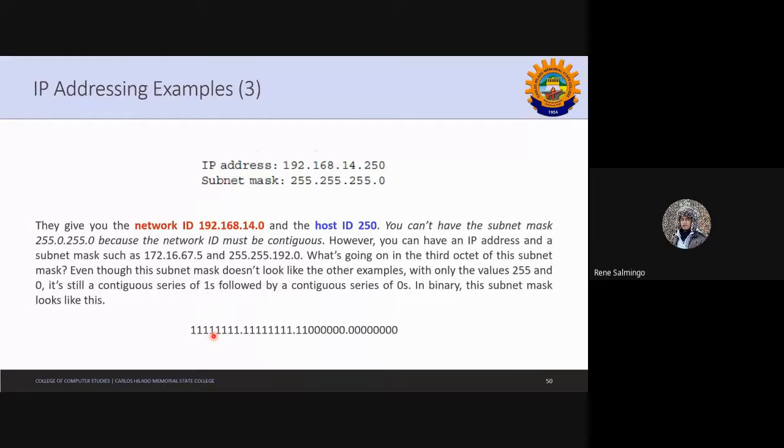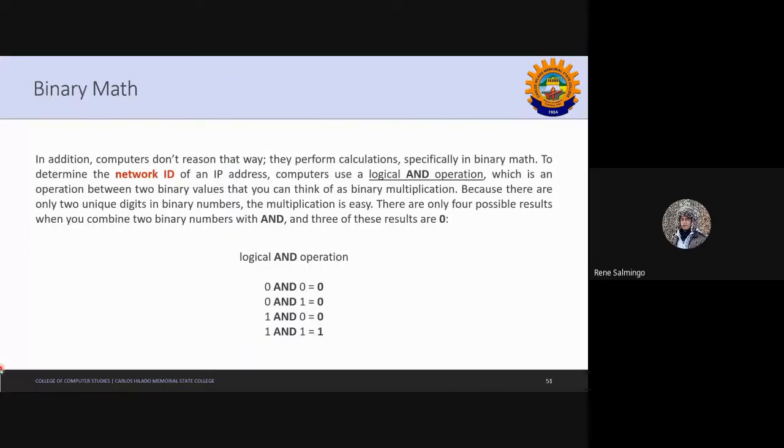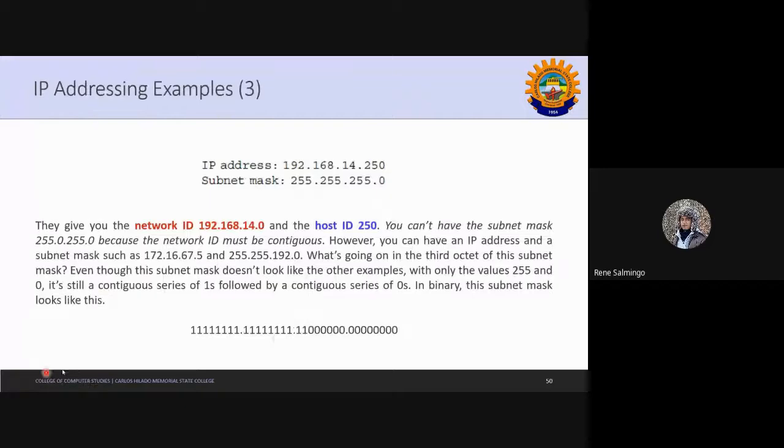This one is also 255, and this is also 192. So that's how this one is your subnet mask. It's the same as this one. And how do we have those values now?